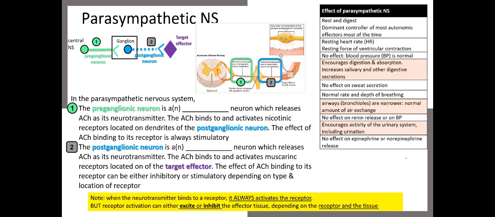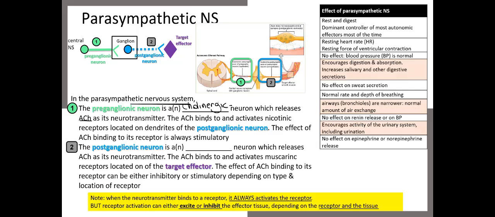In the parasympathetic nervous system, when you look at the pre and the postganglionic neuron, the preganglionic neuron is a cholinergic neuron because it releases acetylcholine as its neurotransmitter.